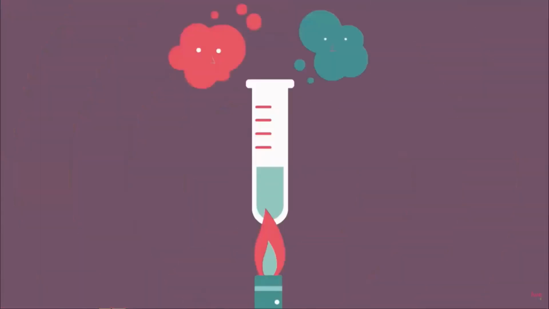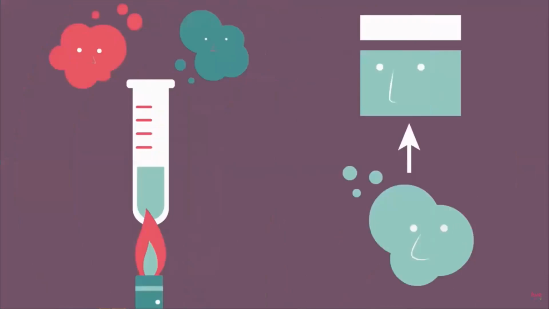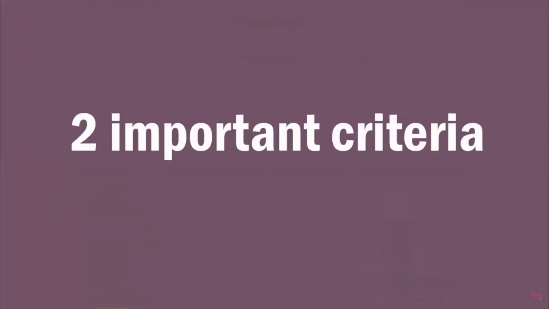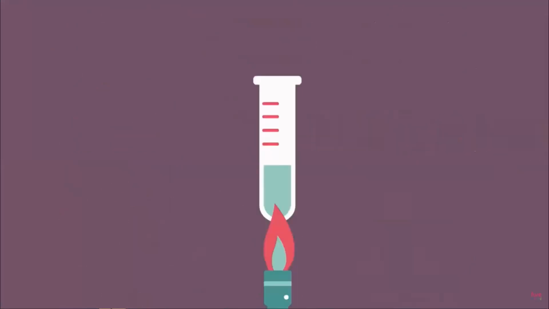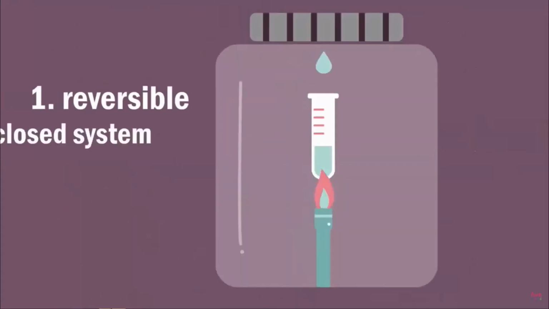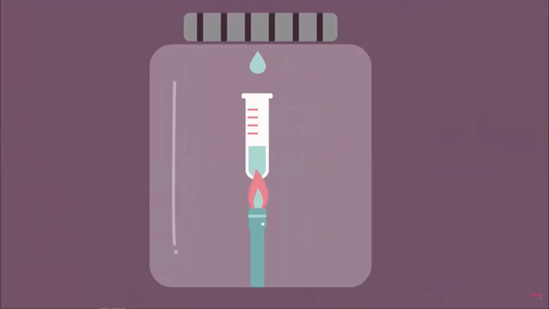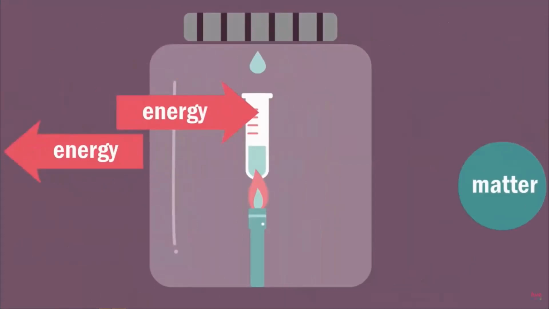For a chemical system, such as a reaction or phase change, to be at equilibrium, it must meet two important criteria. First, it must be a reversible process. Second, it must be taking place in a closed system. A closed system is one where there is no exchange of matter, only exchange of energy.